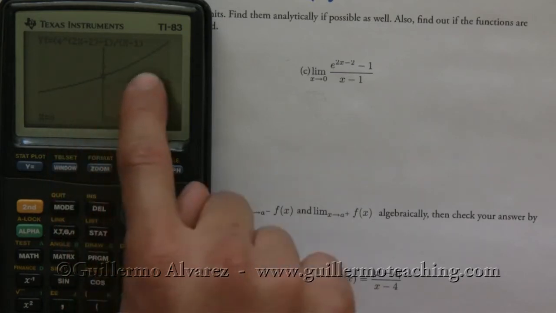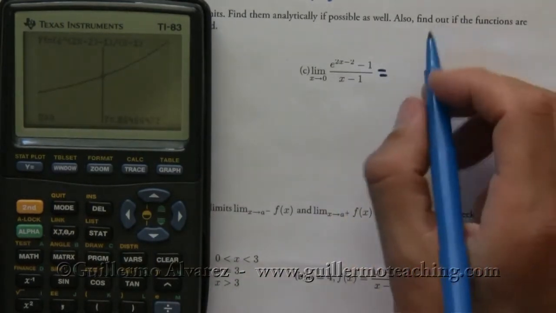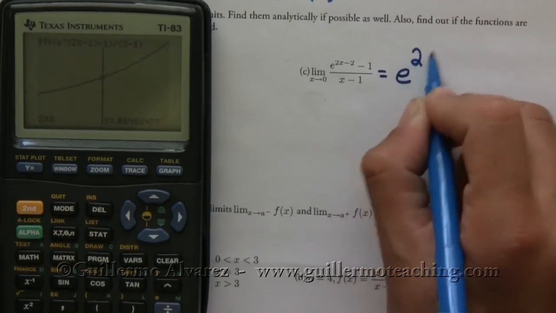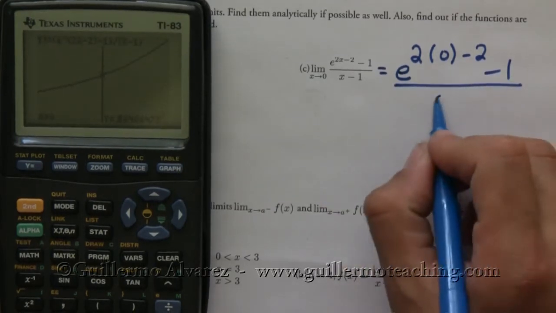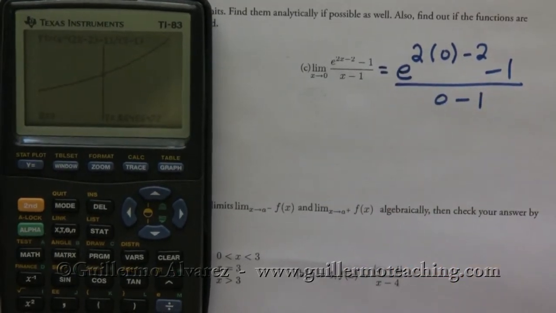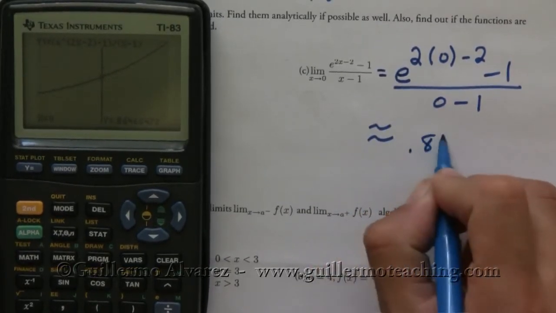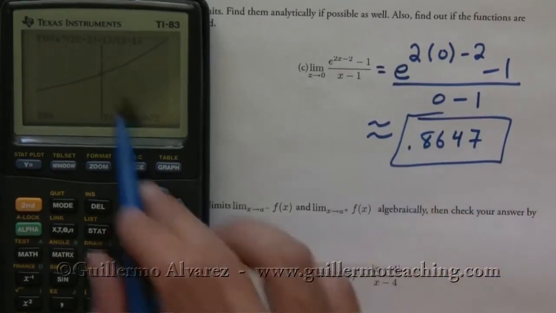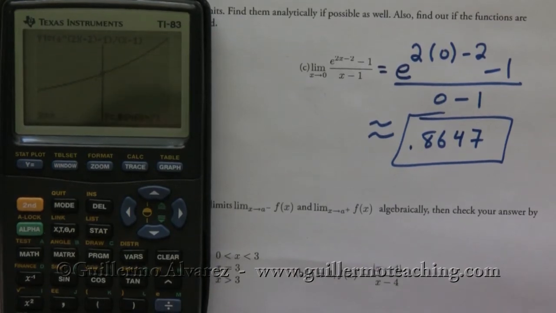And you'll also notice the function is continuous, so this is simply equal to e to the 2 times 0 minus 2 minus 1 all over 0 minus 1, which is approximately equal to 0.8647. So in this case, it's continuous, so we can simply plug in 0 and we get the answer.